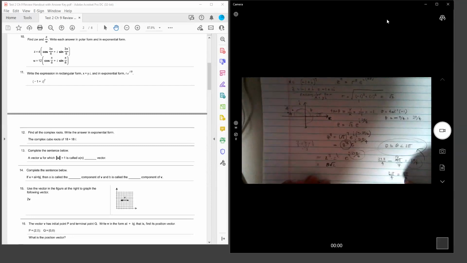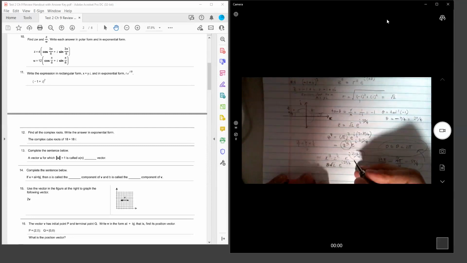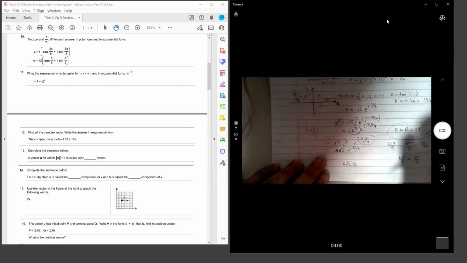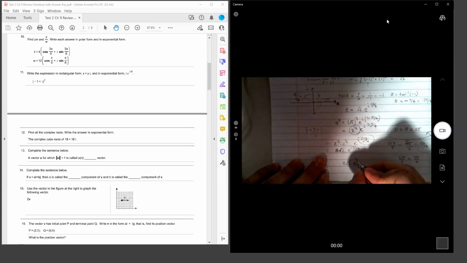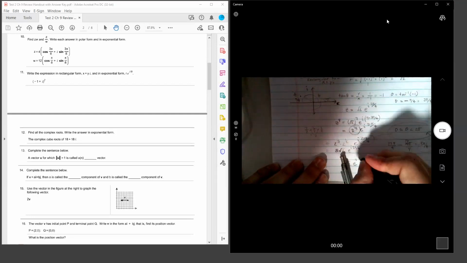So here we have e to the i 5 pi over 4. I think we could probably write this a little bit nicer. Let's write the neat answer: 8 times the square root of 2 times e to the i times 5 pi over 4.